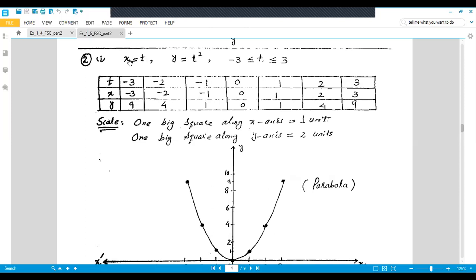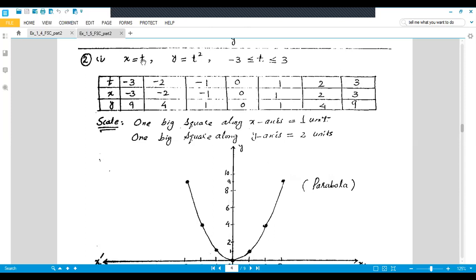When t is equal to minus 1, x is equal to minus 1 and y is minus 1 square, which is positive 1. When t is equal to 0, x is equal to 0 and y is also equal to 0.